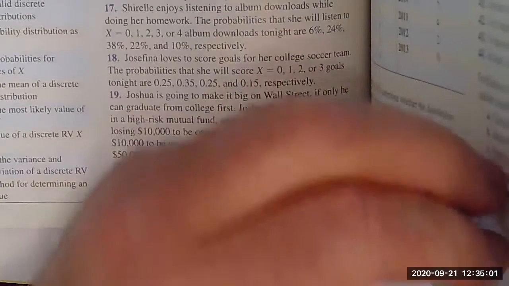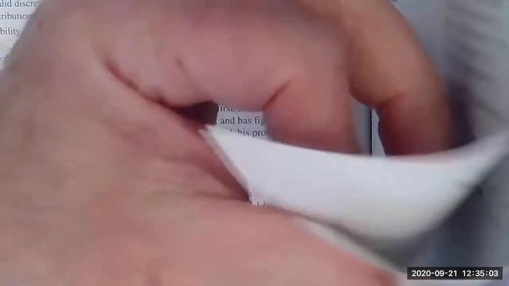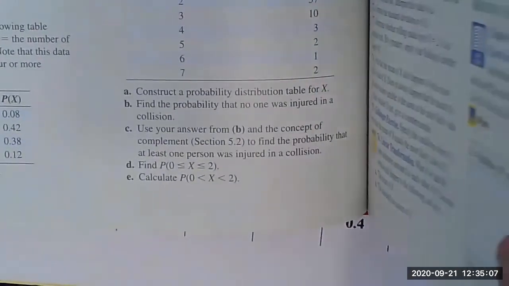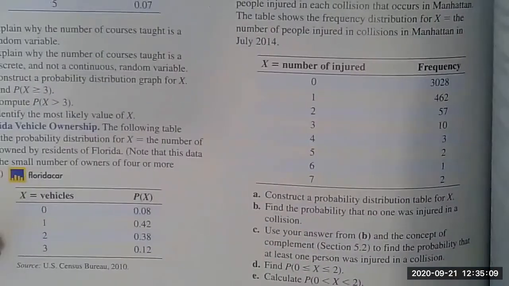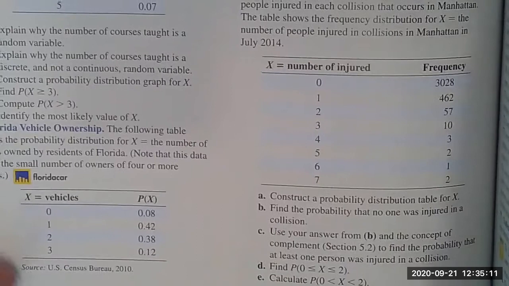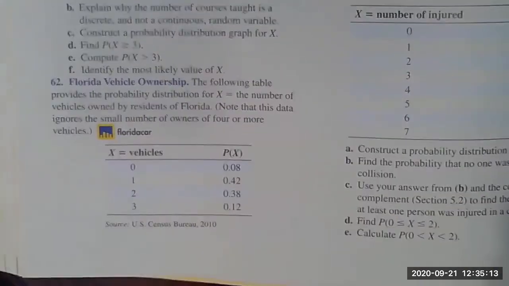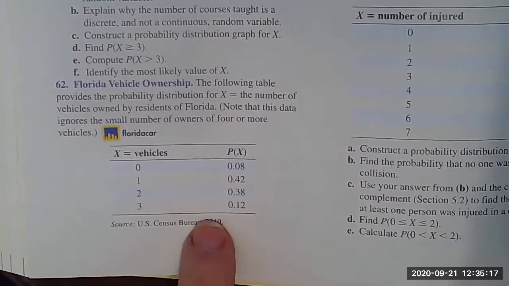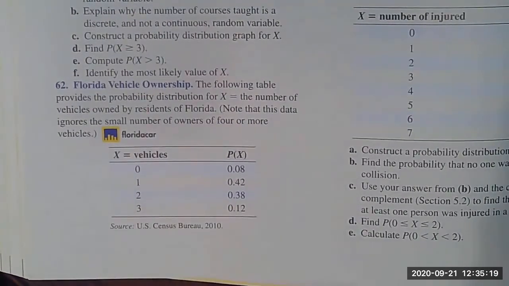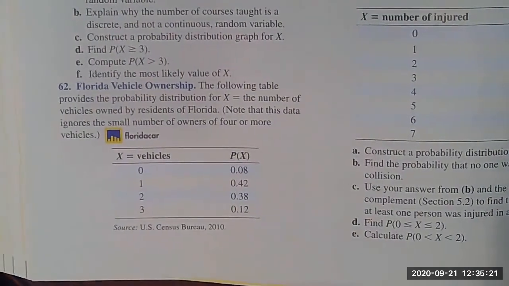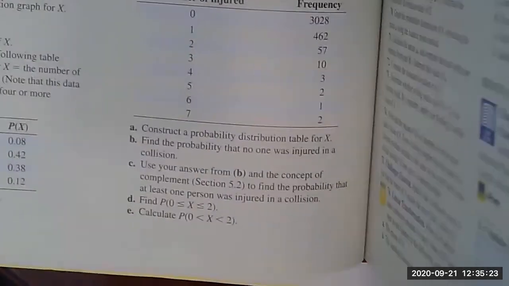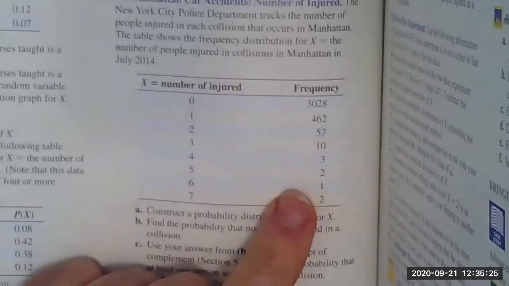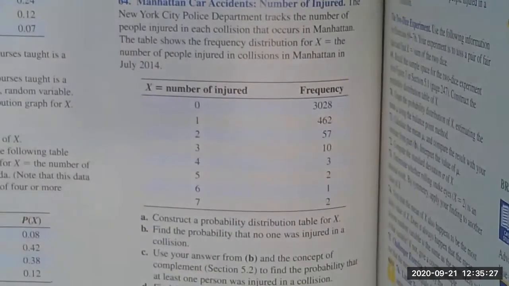Number 20, they give it to you. It's there. Let's see what else they got here. Number 62, they just put it out for you. They actually make the table up for you. You don't even have to figure it out. Number 64, same thing. They give you a table.